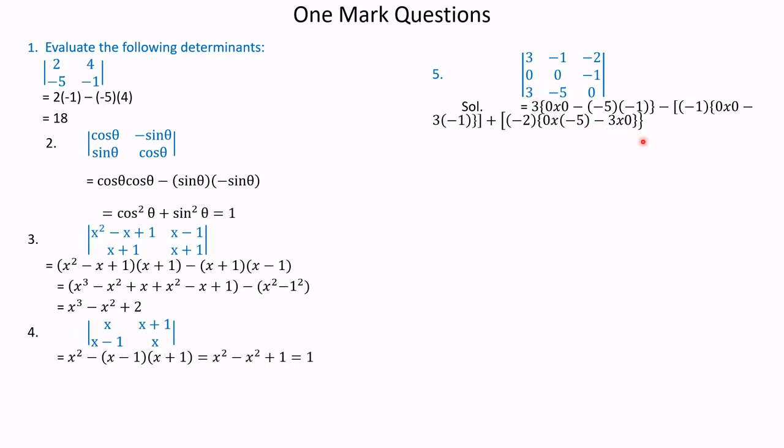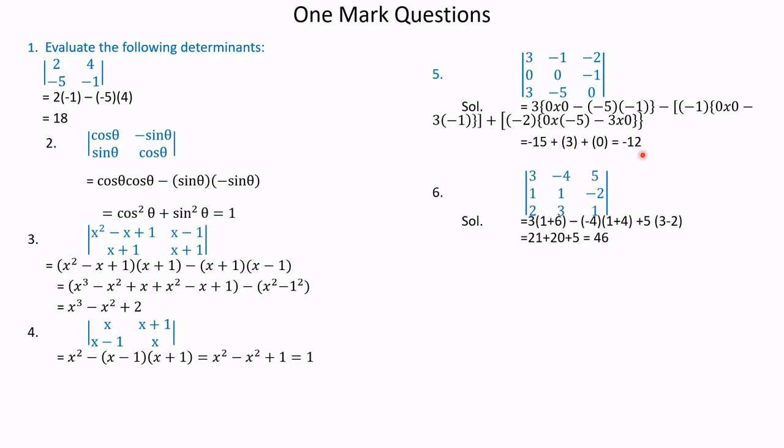Hence it is 0. Simplifying, we get 3 into minus is plus, plus into minus is minus. So minus 15 plus minus 1 into minus 3 is 3. That is equal to minus 15 plus 3, which is equal to minus 12.